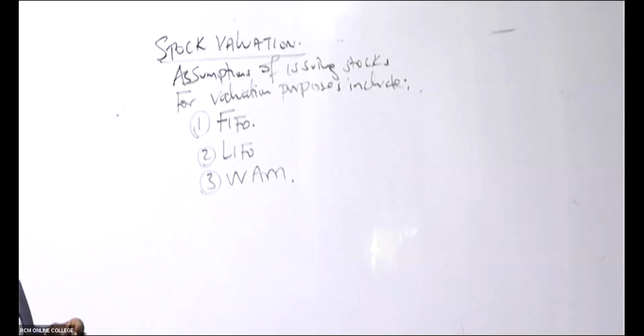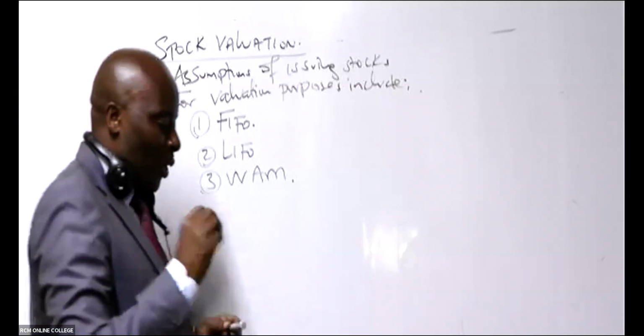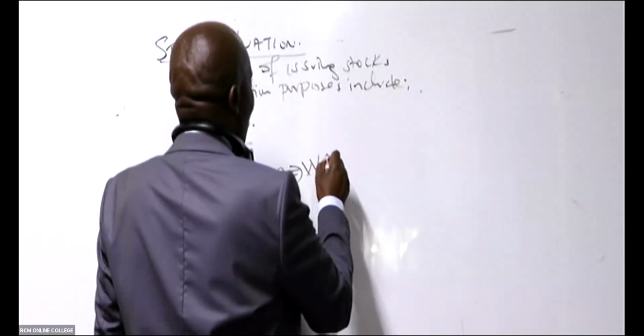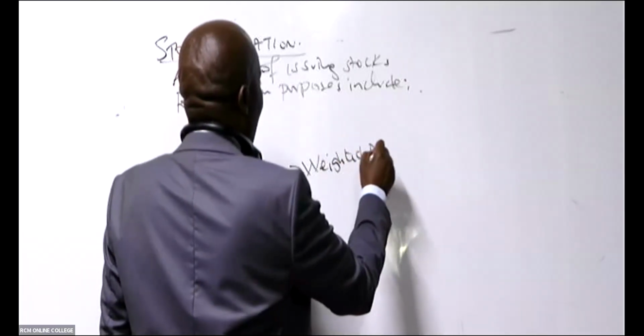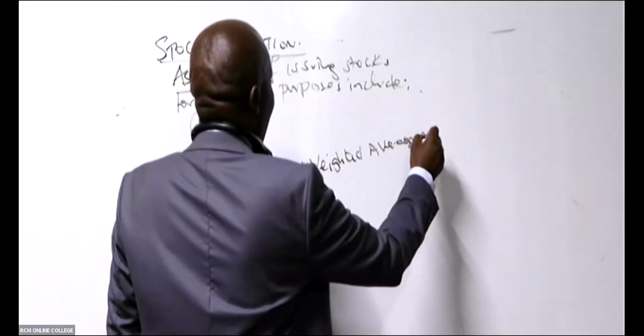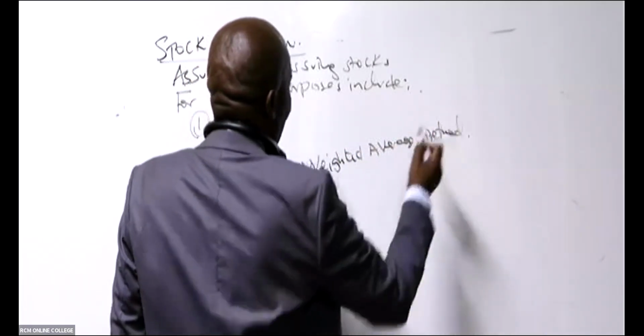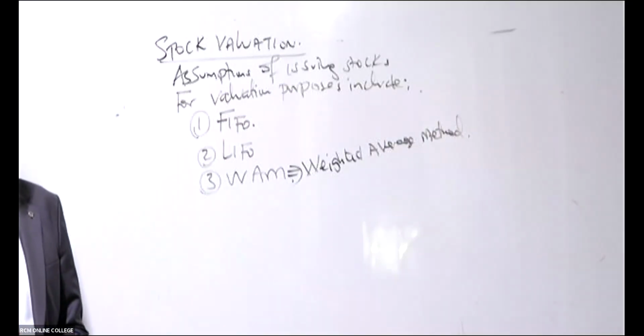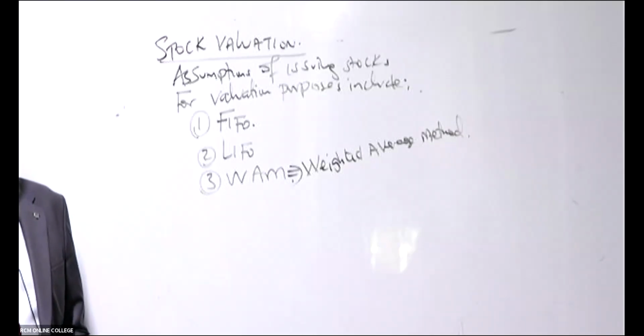LIFO is last in, first out. And then we have WAM. WAM is weighted average method. So FIFO is first in, first out. LIFO is last in, first out.